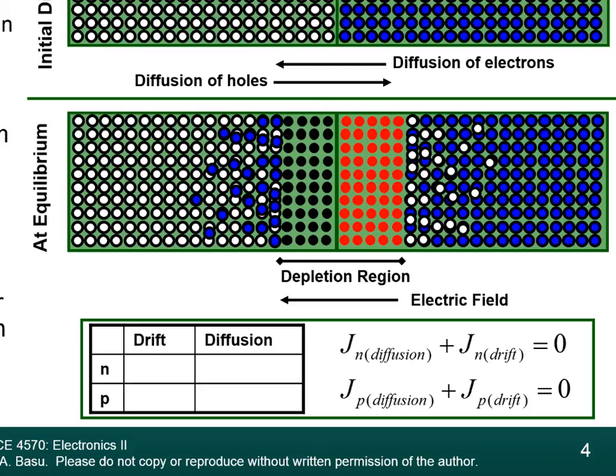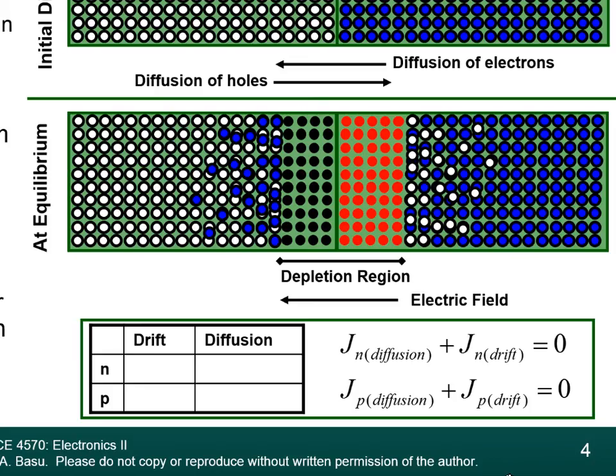It won't be towards the right. It'll actually be towards the left, because remember, the electrons are drifting from left to right, but we define current as the movement of positive charge. You're correct about the flux. The flux is opposite the electric field, but the current is always in the same direction as the electric field. When we're talking about drift currents, the drift currents are always in the same direction as the electric field. The flux of the electrons is opposite, but the current is in the same direction.